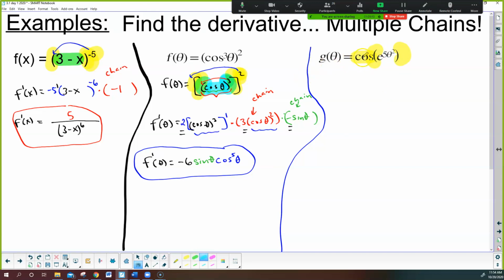And then we have the e to the x, right? And I might even try to put grouping symbols around that. Then we've got the innermost part there, which is 5 theta squared. So you can hopefully see the different layers that we have going on here.